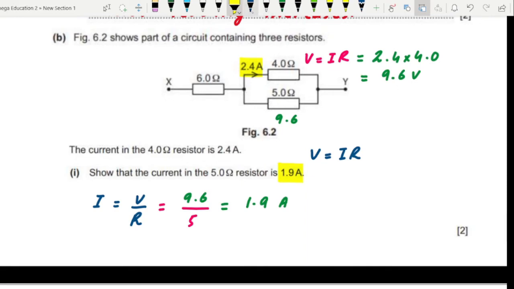So right now, I also have the current passing through the lower resistor, which is 1.9 ampere. I have the current in the 4 ohm resistor as 2.4, and the current in the 5 ohm resistor as 1.9.